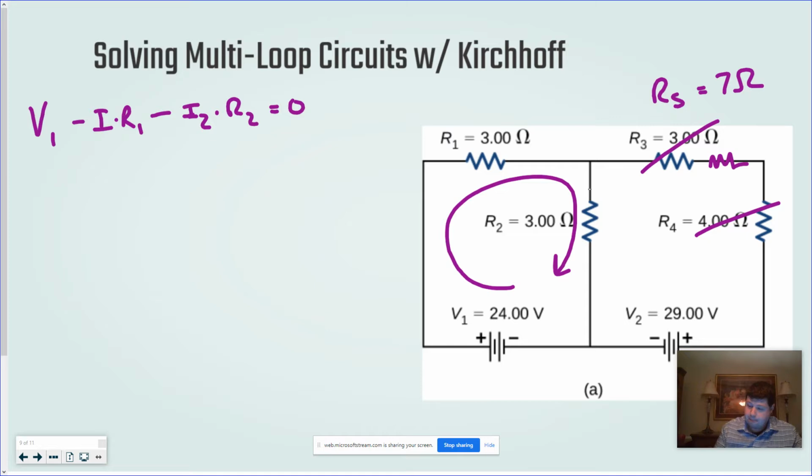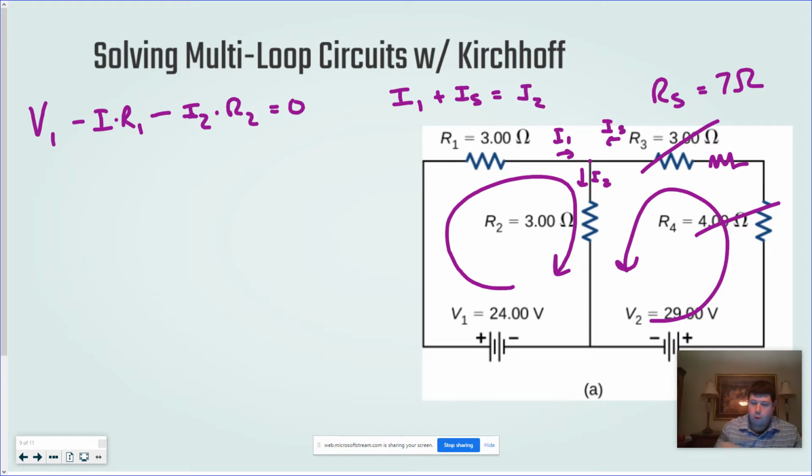They might not be the same because the current is going to split there. And in fact, I could say that at that junction, I1 plus I5, the current going this way through this resistor, is equal to I2, the current going out that way. So there's I2, I1, and I5. So those have to be equal.